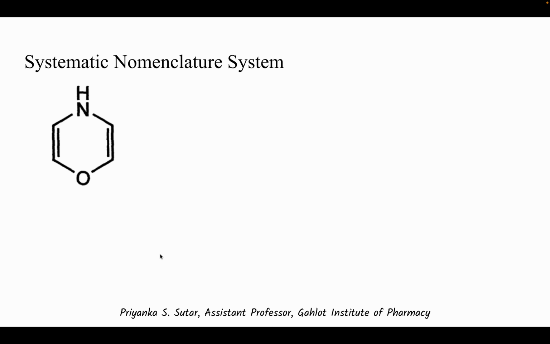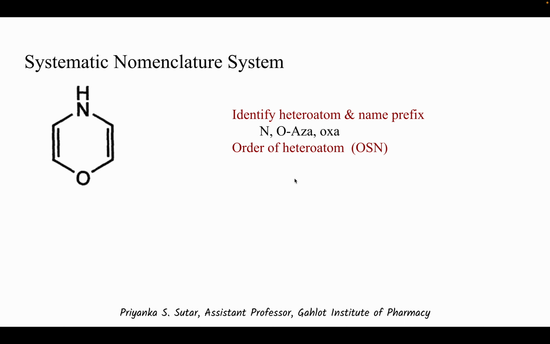Moving on to the next example. Identify the heteroatom, name the prefix. Heteroatoms are oxygen and nitrogen. Prefixes are aza and oxa. As per rule number 2, you have to see table number 1 for the preferential order. As per table number 1 the order is OSN, so oxygen comes first, followed by nitrogen.